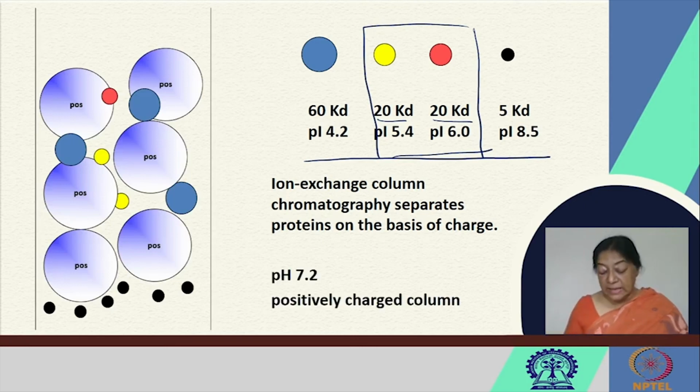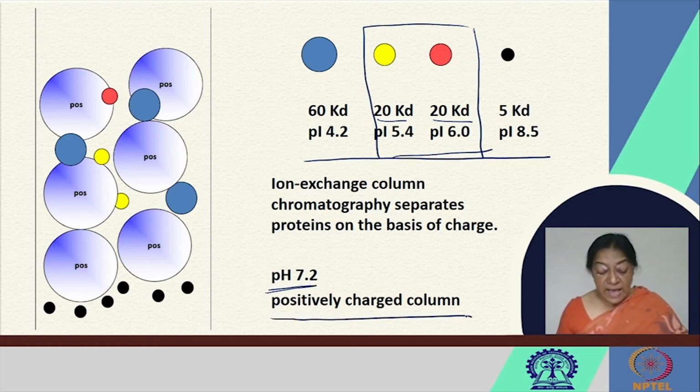If we look at a pH of 7.2 and we have a positively charged column, then anything that is negatively charged is going to bind to it. The pH is less than the pI of this protein, so this protein is positively charged under these conditions.